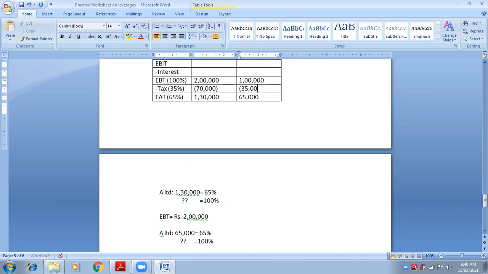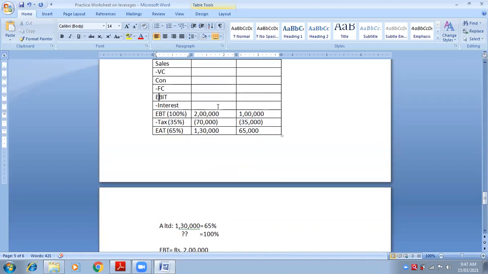And by verification, what is the answer? See, EBT is 1 lakh and tax rate is 35 percentage. So 1 lakh into 35 percentage is how much? 35,000. Very good. Very simple.